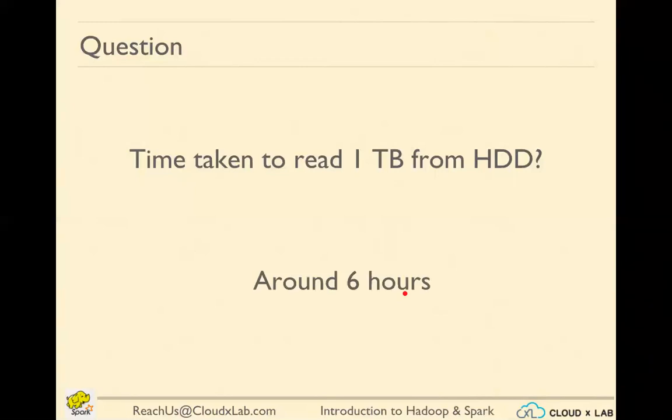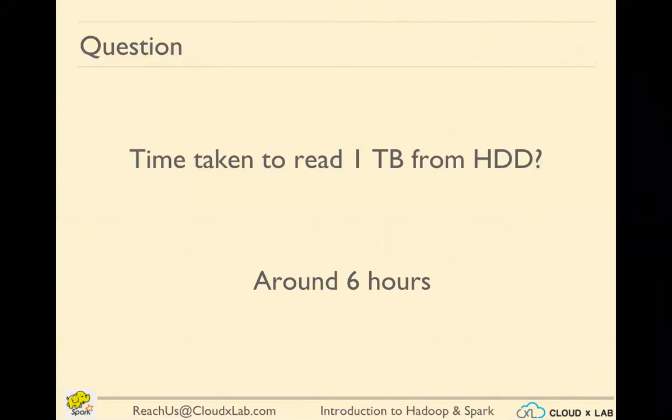Great set of answers. Approximately somewhere between 4 to 6 hours, or sometimes it might take 4 to 10 hours, based on the hardware that you're using. The time taken to read 1 TB from a hard disk depends on what kind of disk we are using, whether a solid state drive or a hard disk drive.